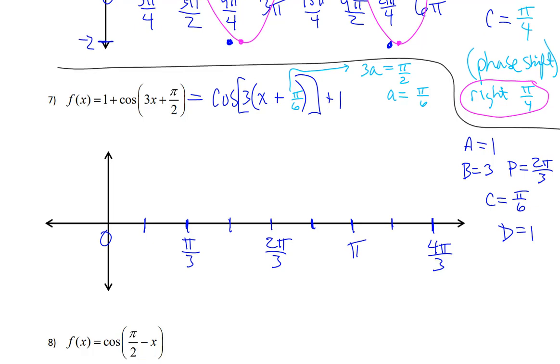Cutting from 0 to pi over 3, cutting that in half, multiply by 1/2, would be pi over 6. Now we're just counting by 6. So 1/6, 2/6, 3/6, which would be pi over 2, 4/6, 2 pi over 3, 5/6, 5 pi over 6, 6/6, which is 1, 7/6, which is unreducible, and 8/6, which is, sure enough, 4 pi over 3.